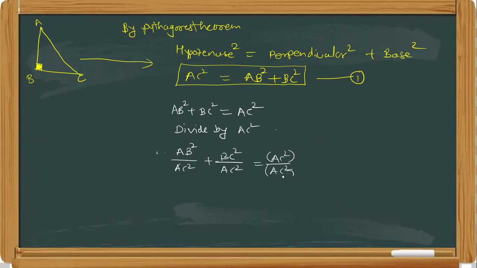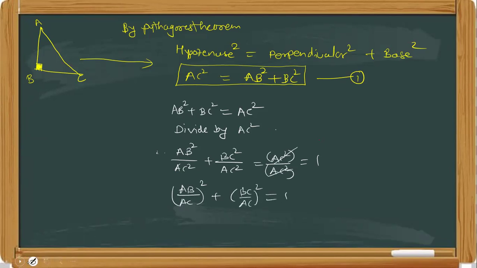So this AC square cancels with this AC square and I will get 1. So it is AB upon AC whole square plus BC upon AC whole square is equal to 1.